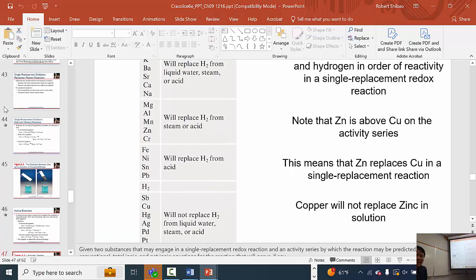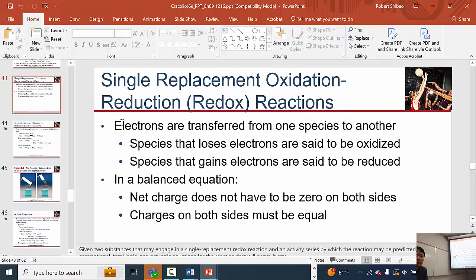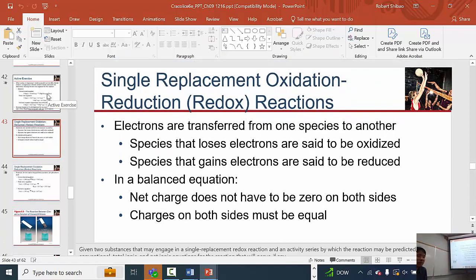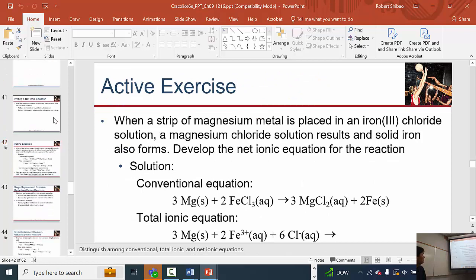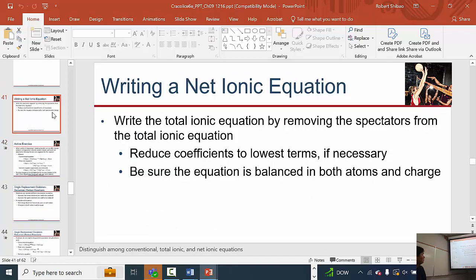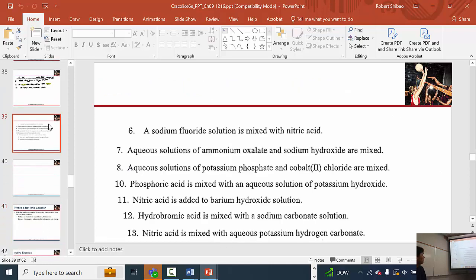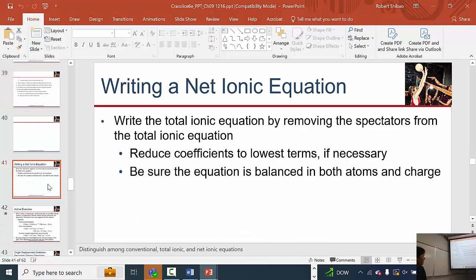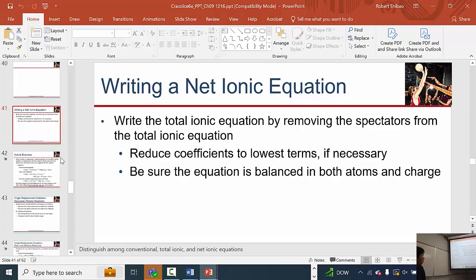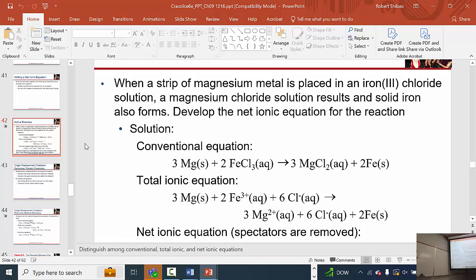All right, so let's take a look at some single replacement reactions here. These are, again, redox reactions. These are the ones from the previous. This is an example of a single replacement reaction here.